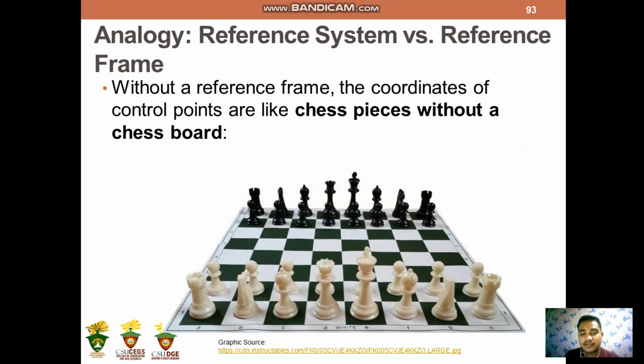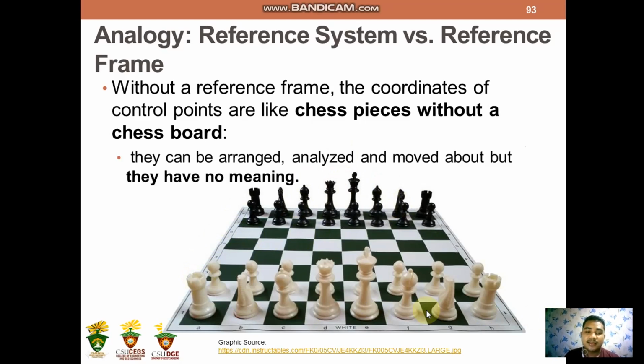They can be arranged, analyzed, and moved, but they have no meaning. You can move the pieces in a direction, but you don't know where they are going. It's like your actions have no direction without the chessboard. So the reference frame is useless without the reference system, and vice versa.